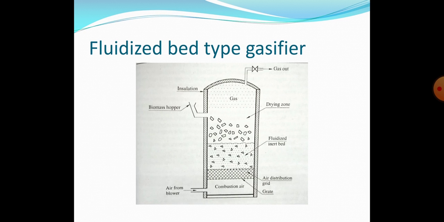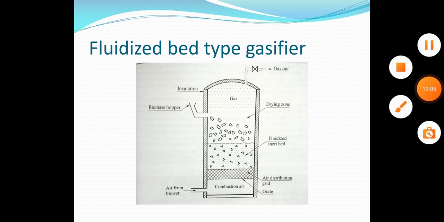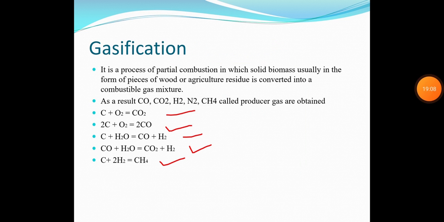India has been promoting biomass gasifier technologies in its rural areas to utilize surplus biomass resources such as rice husk, crop stalks, small wood chips, and other agricultural residue.